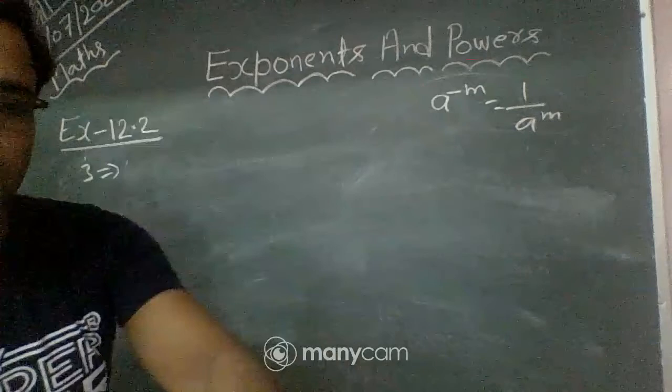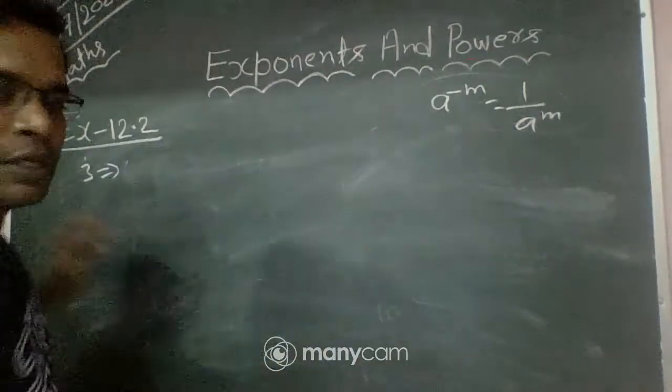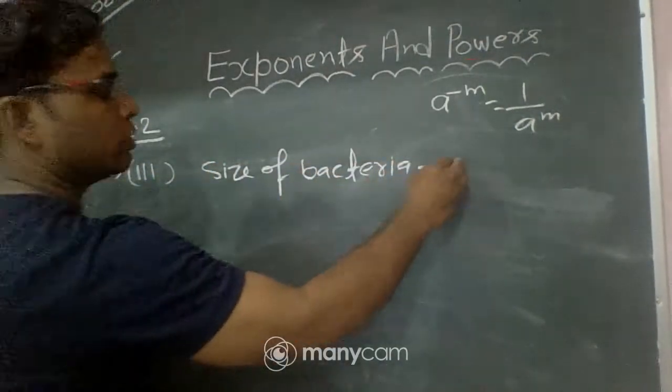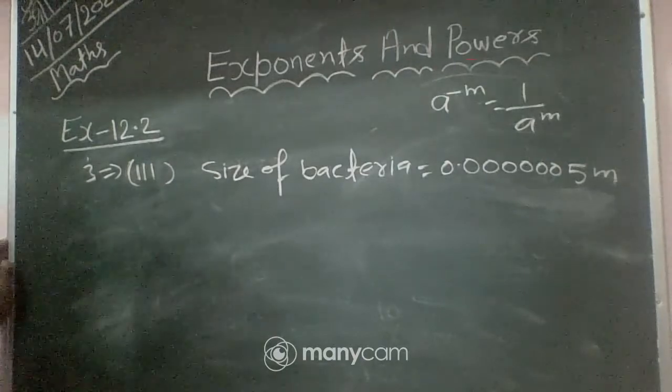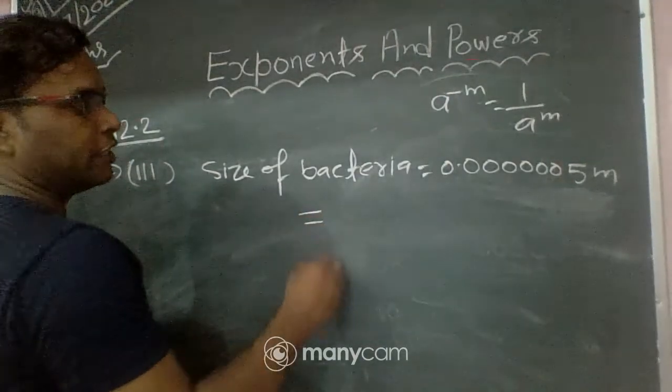Size of bacteria is equal to 0.1234565 meter. Okay, this is given. The size of bacteria is equal to this. We need to convert it into standard form.